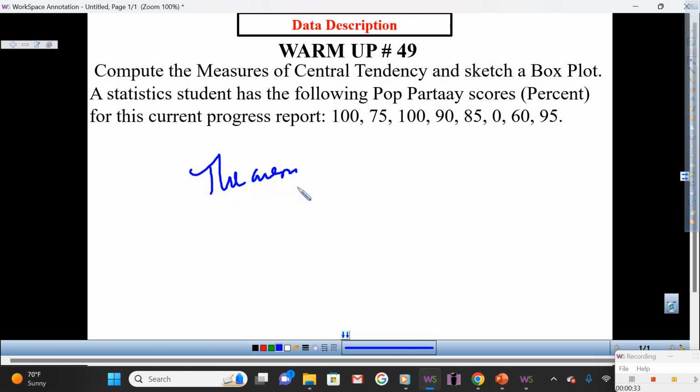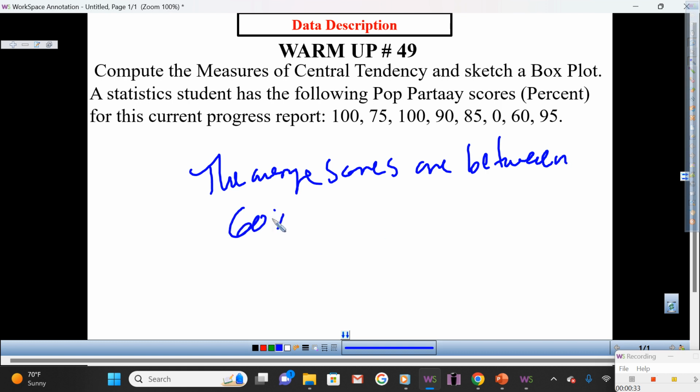The average scores are between what? 60% and 80%. Hands if you agree with that. So you get that from your box plot? Okay. Hands if you agree with that. Okay. Some of you. Thank you. I'll take that. All right.